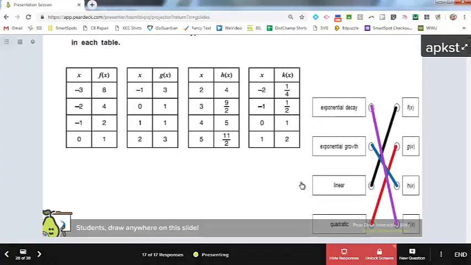All right, so we have that the first one is exponential decay. The next is, no, it's not in order, I lied. The last one is exponential decay. The second to last is exponential growth. F of x is linear. And g of x is quadratic.